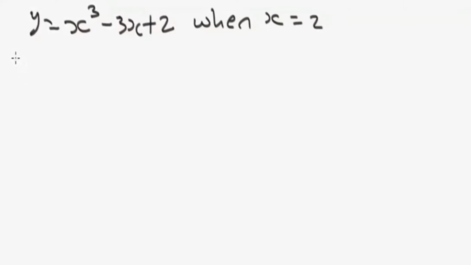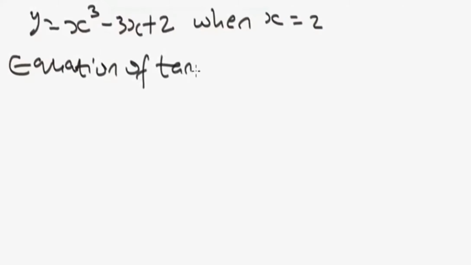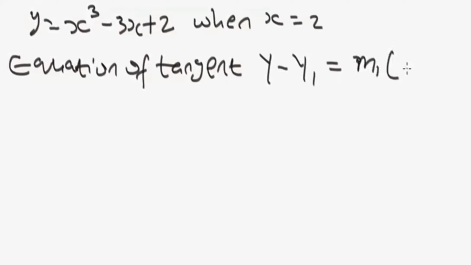So firstly, let's take note of the formula you can apply to find equation of tangent and normal. So for equation of tangent to the curve, we solve it using y minus y1 equals m1 in brackets x minus x1.